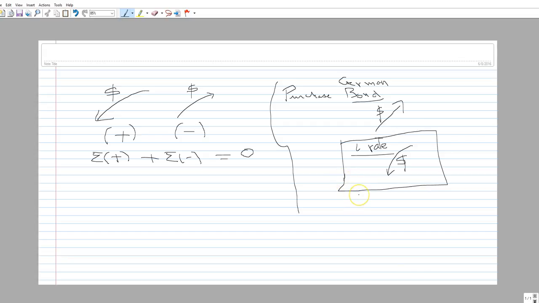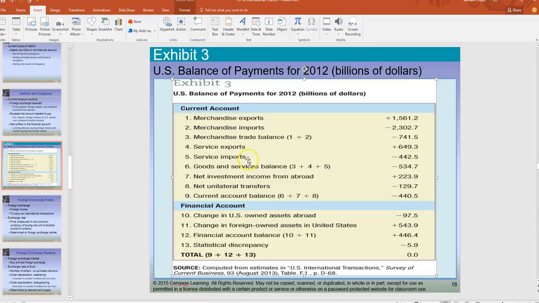You can also think in terms of buying a house in Japan, and then you get rental income from the house. So that will be part of the investment income in the current account. So that is part of number 7 here. Income that comes from investing abroad.